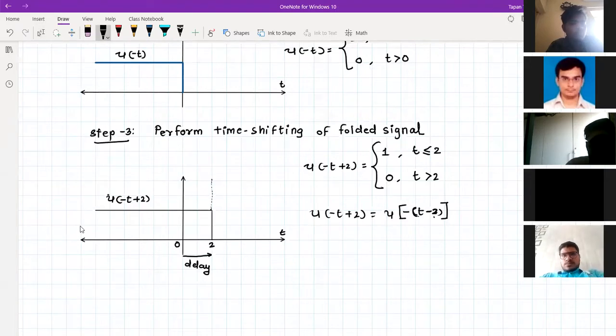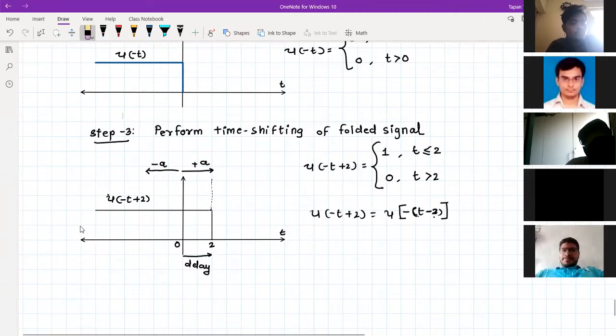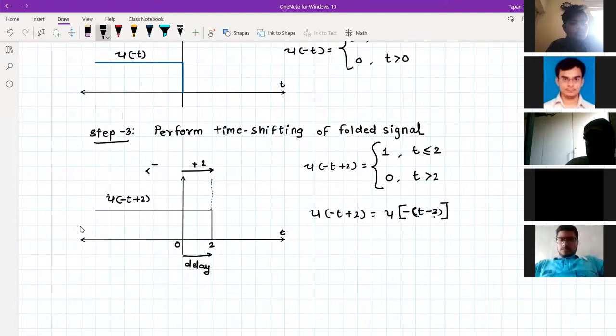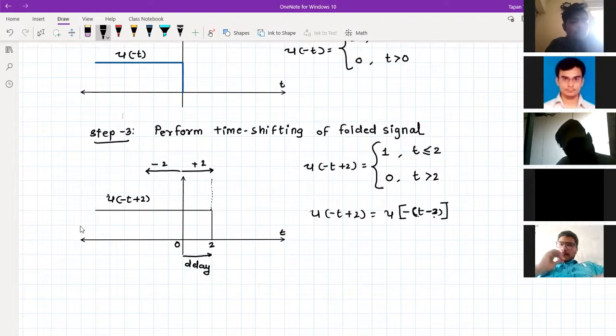So whenever you see plus 2 in the folded signal, you should go in the right, for plus A. And if you see minus A, then you should go left. Or in this case, plus 2 and minus 2. Understand?